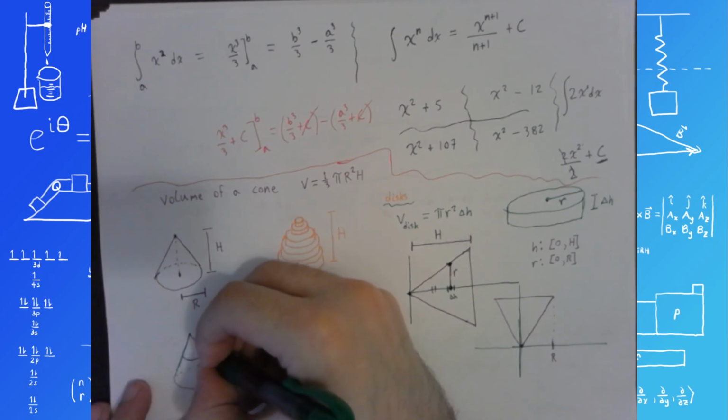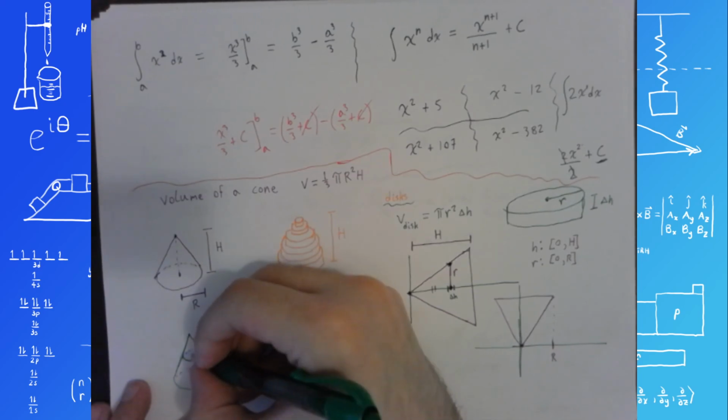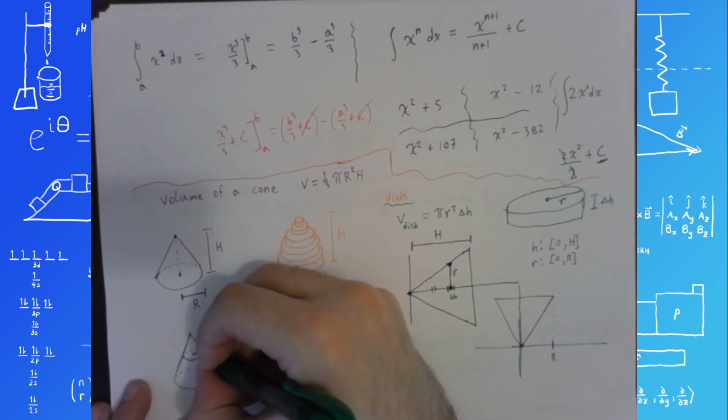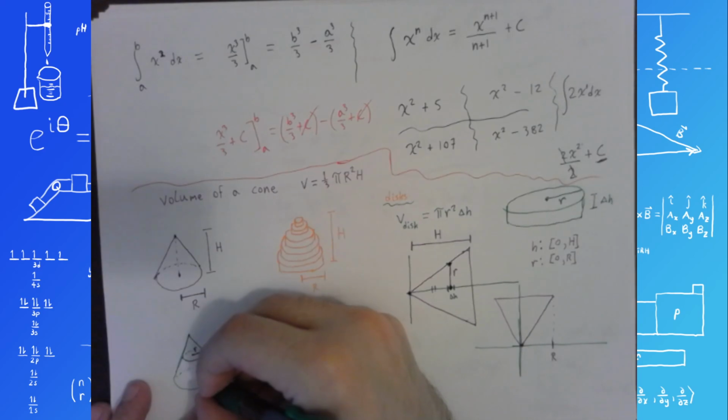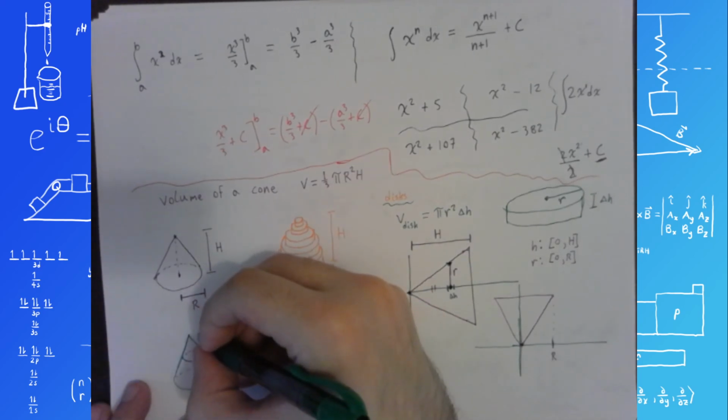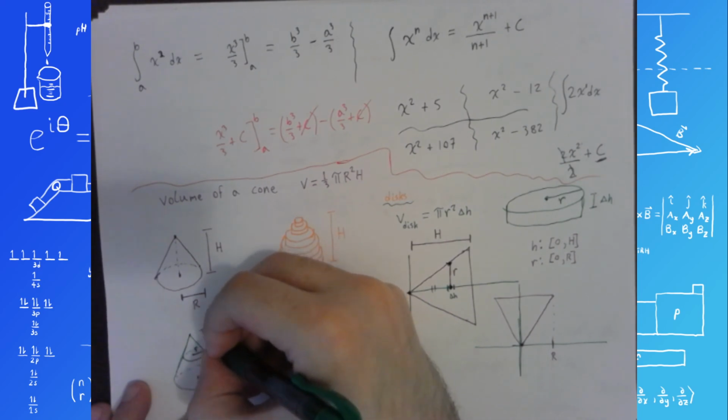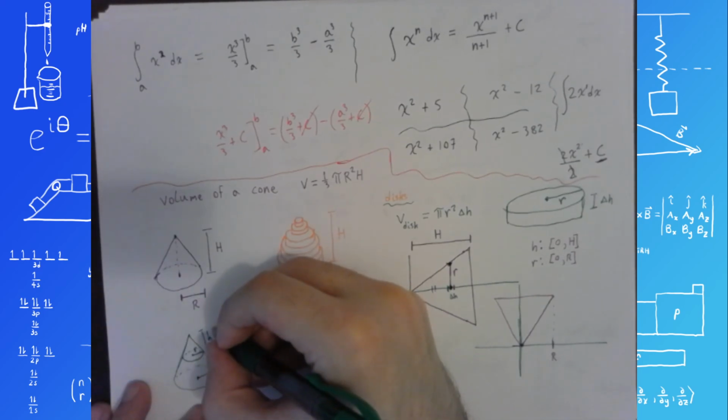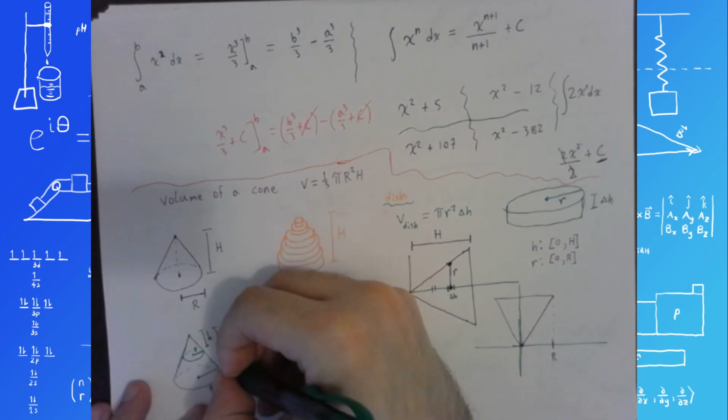Let's say I draw a second cone over here. And this second cone, its base is going to have some radius r, while the main cone has a radius of big R. This little cone is going to have a height I'm going to call little h, while the full height of the cone is big H.